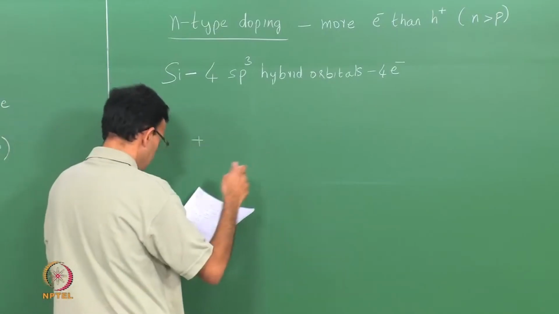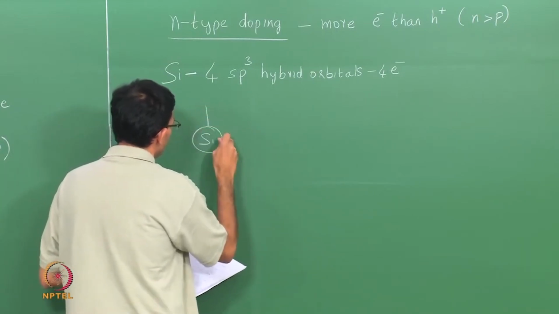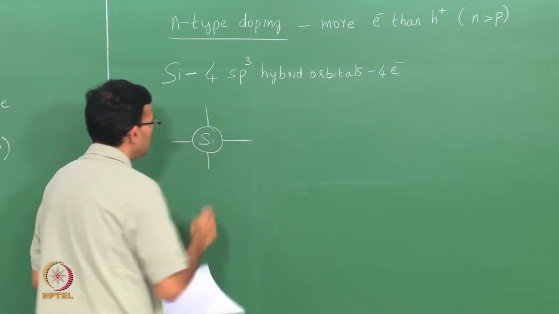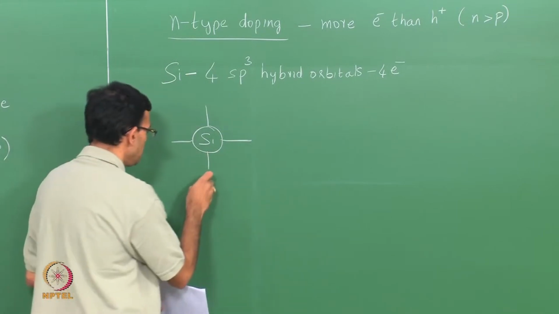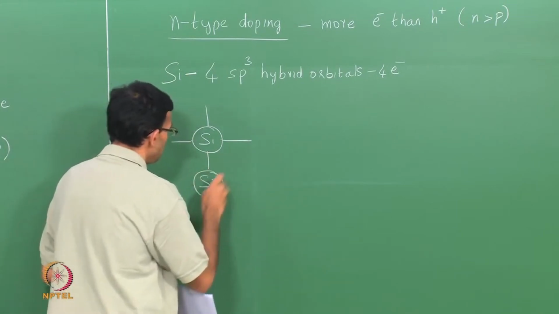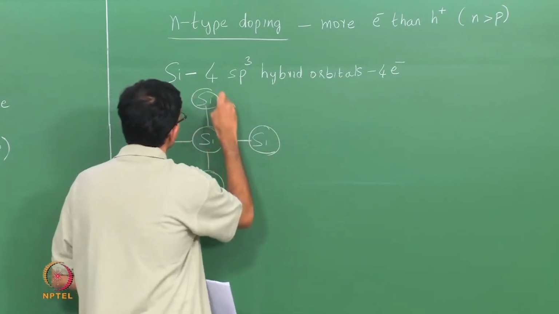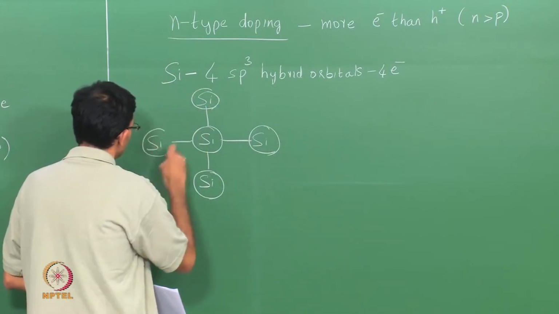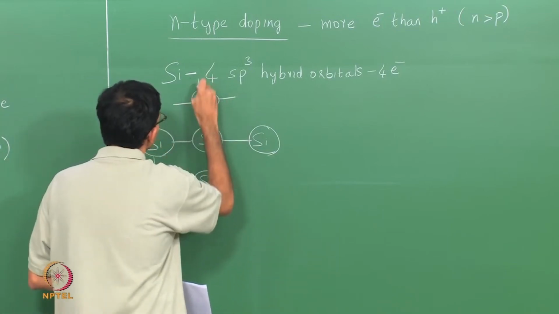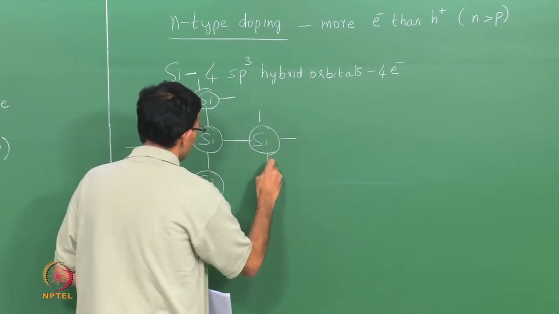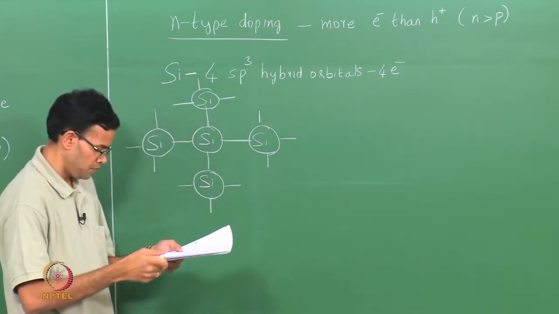So, these are your silicon atoms. Each silicon atom has 4 bonds, which forms bonds with other silicon atoms. And then the picture repeats.